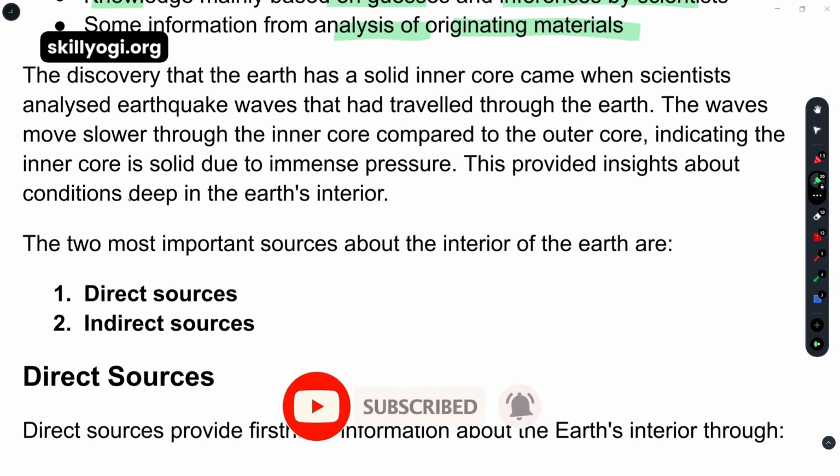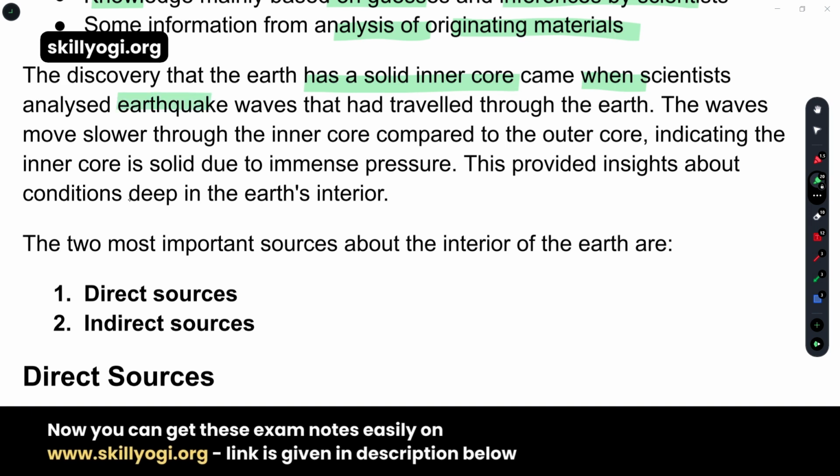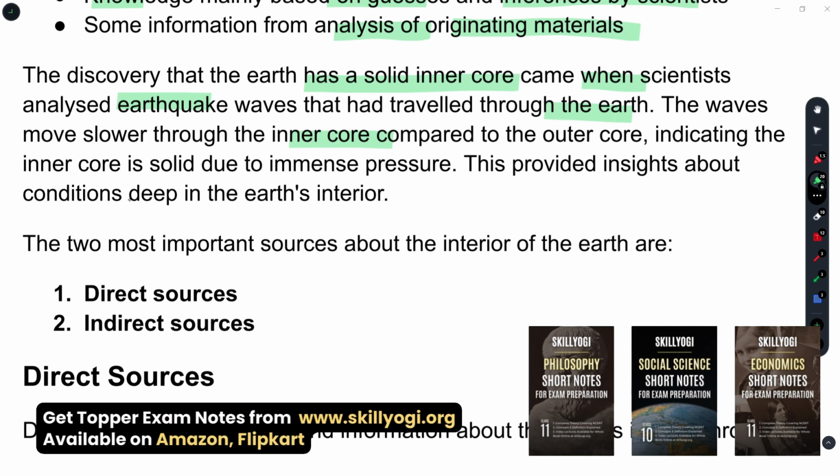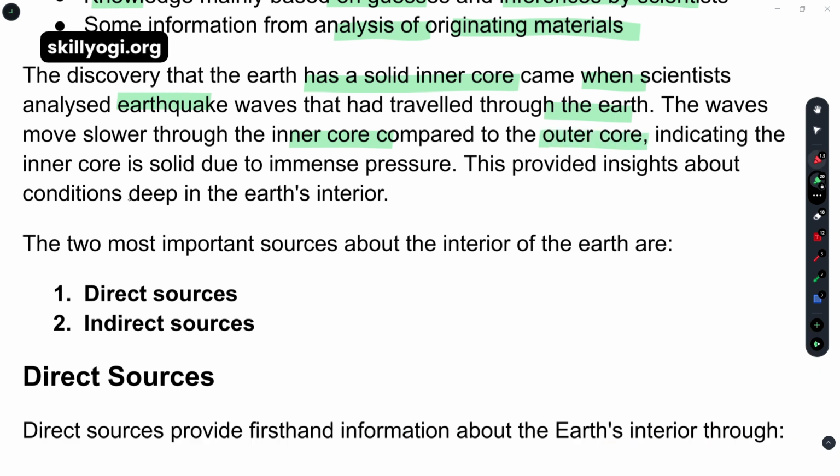Now what is written? The discovery that the earth has a solid inner core came when scientists analyzed earthquake waves that had traveled through the earth. We learned different phenomena which are happening inside the earth. The first one is earthquake. The waves move slower through the inner core compared to the outer core. From where has this word core come to us?